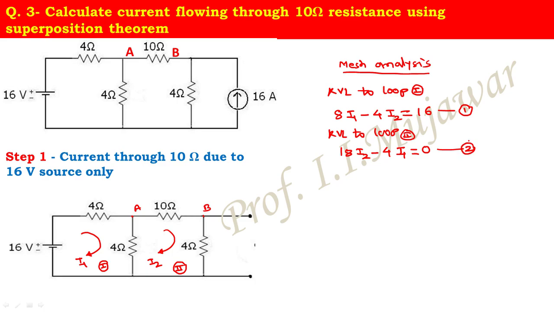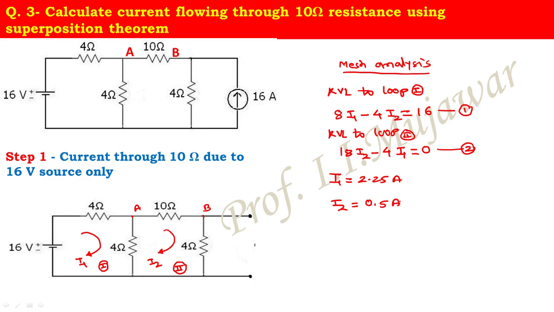So your equation is minus 4I1 plus 18I2 equal to 0. Now if you solve these two simultaneous equations, then the value of I1 comes out to be 2.25 ampere and I2 comes out to be 0.5 ampere.